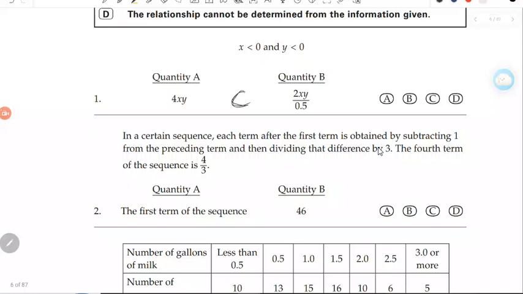In a certain sequence, each term after the first term is obtained by subtracting 1 from the preceding term and then dividing the difference by 3. The fourth term of the sequence is 4 over 3.